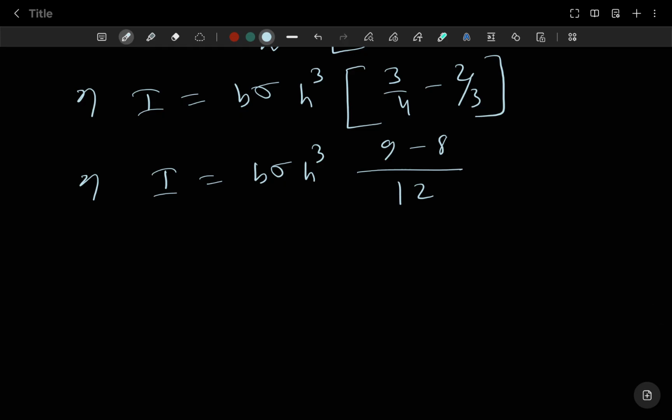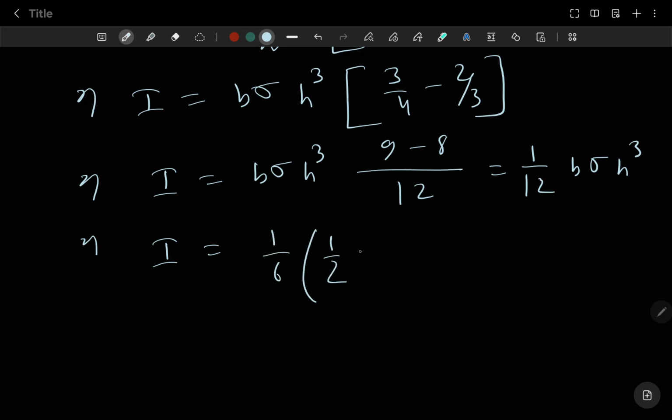So it is 1 by 12 b sigma h cube. I can write it like this: 1 by 6 into half b h sigma into h square.